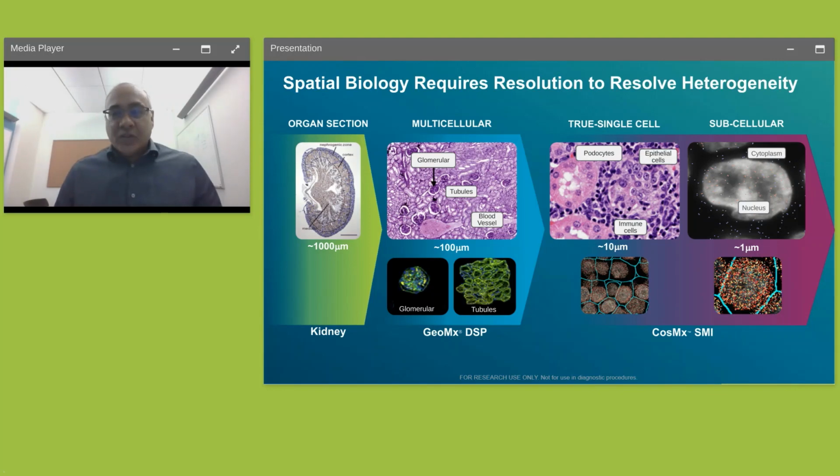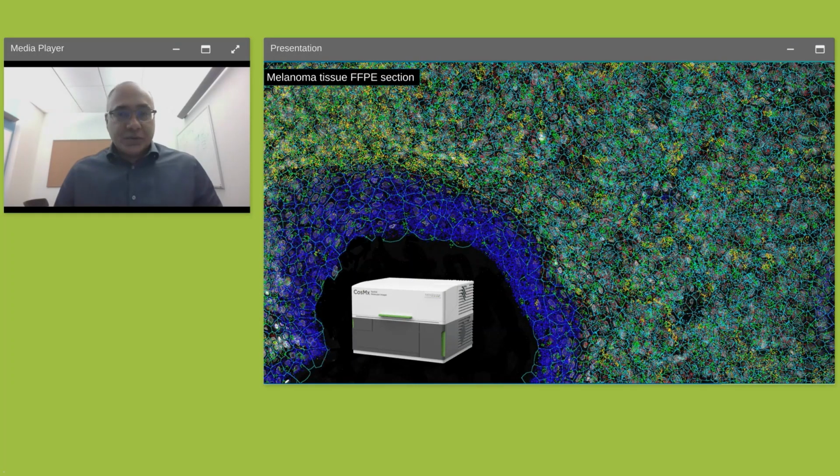So let's start with, what does CosMx SMI do? CosMx enables quantification and visualization of 1000-plex RNA and 100-plex protein expression levels at single cell and subcellular level in morphologically intact tissue. You are looking at raw data coming out of the CosMx instrument with a melanoma FFPE tissue section.